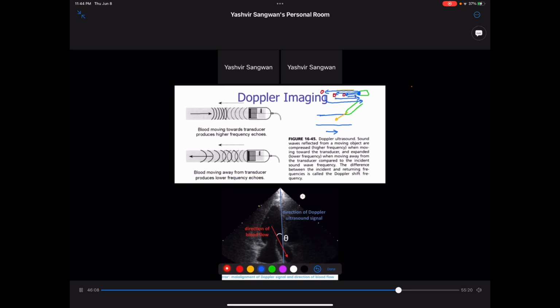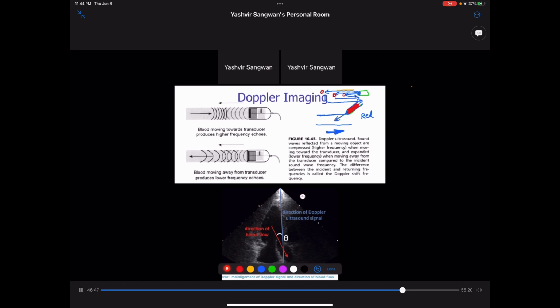Now, if the direction of blood flow is in this direction and your ultrasound probe is facing this way, then the color of this image will appear red. Why? Because the blood flow is towards your ultrasound probe. Okay?